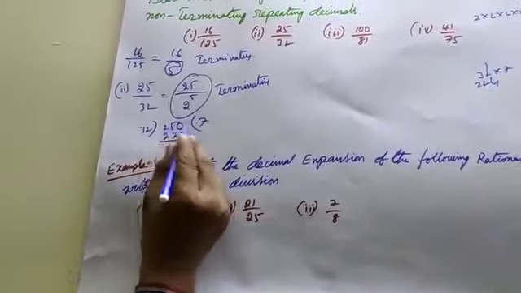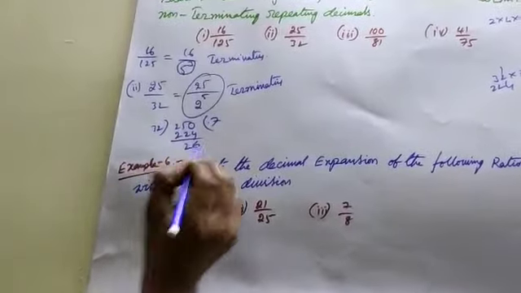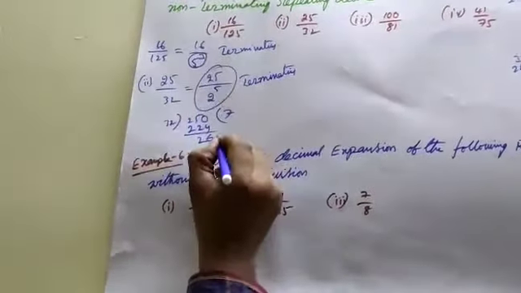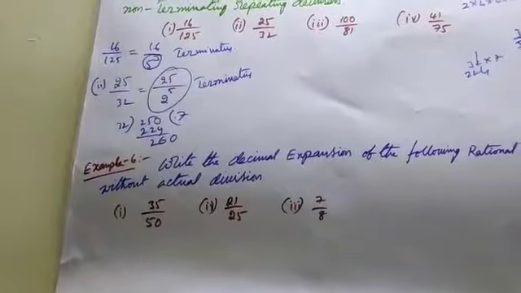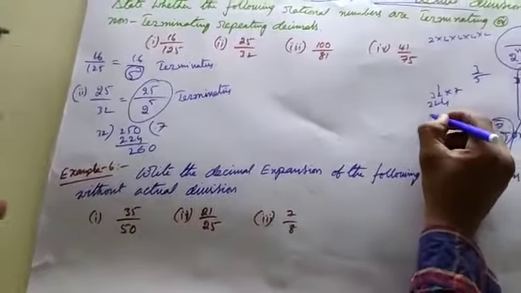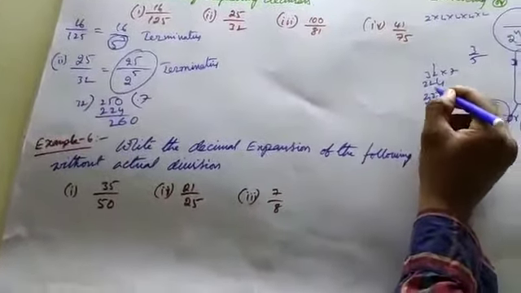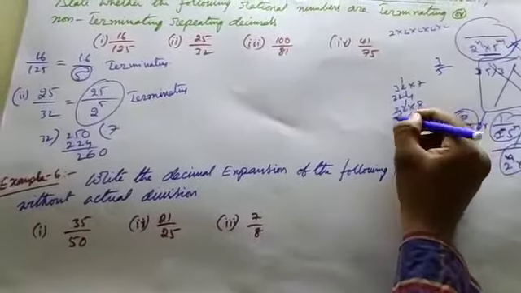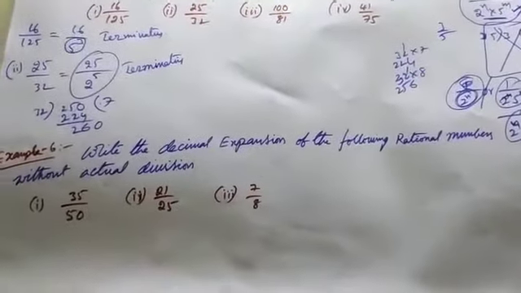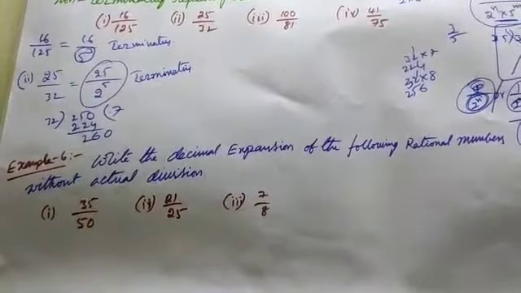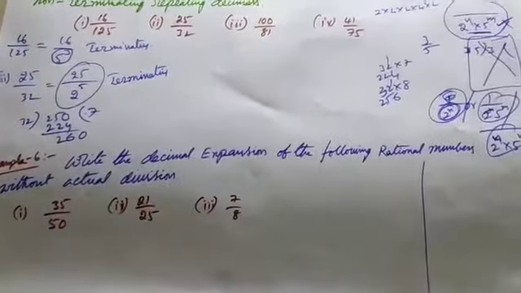What is remaining? 6. Then 60: 32 ones, and again, 32 eights are 256.